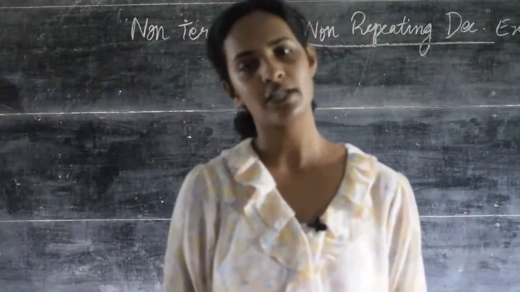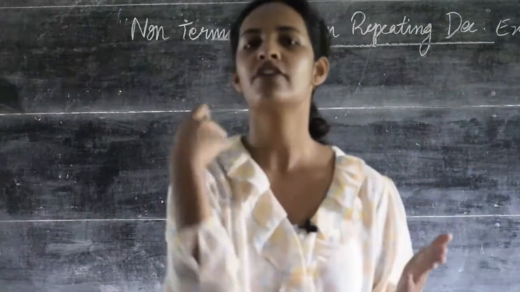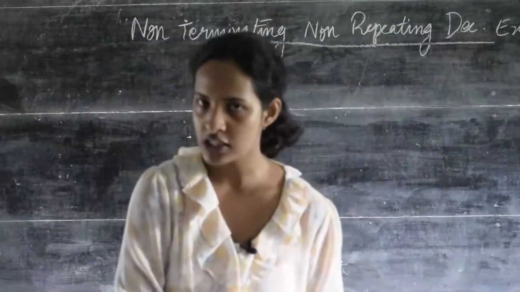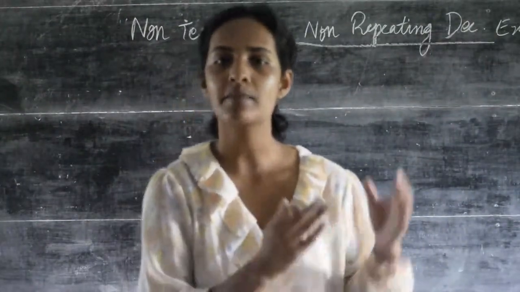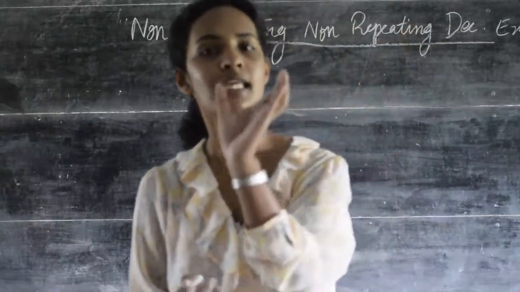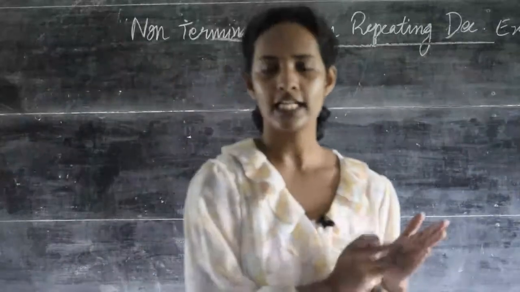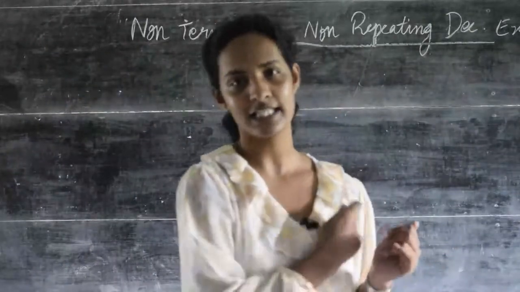So the second type of decimal expansion was non-terminating repeating decimal expansion. What is non-terminating repeating? It does not terminate and the same set of numbers or the same sequence of numbers keeps repeating again and again, right? So that is what non-terminating repeating decimal expansion was.